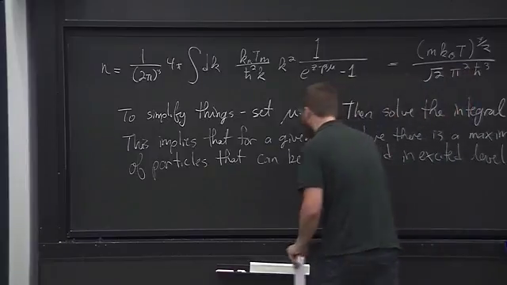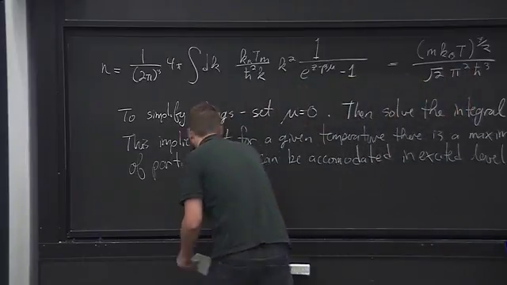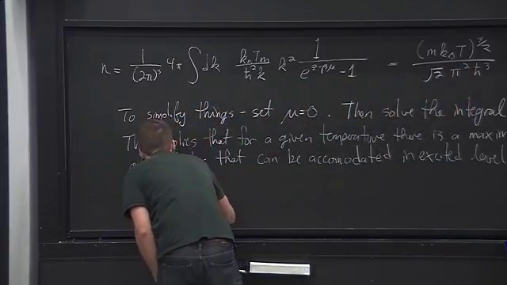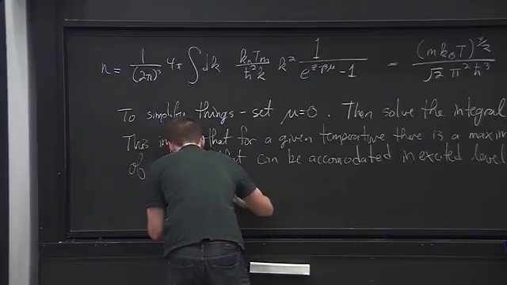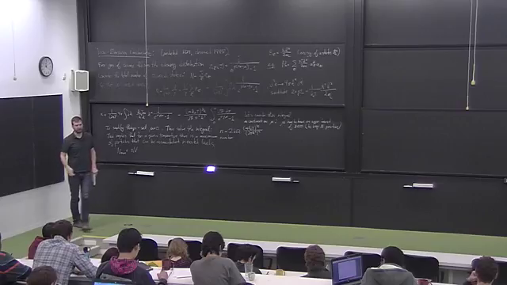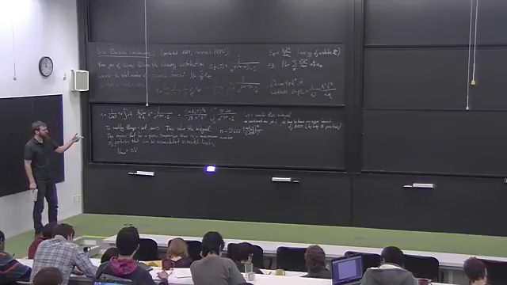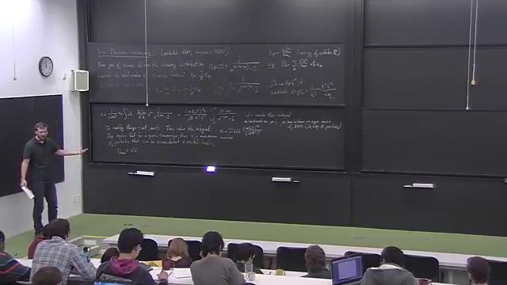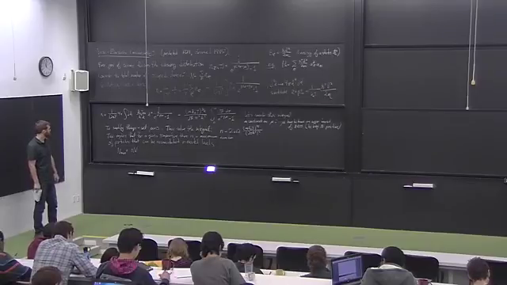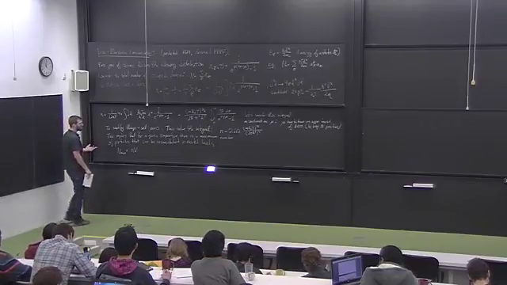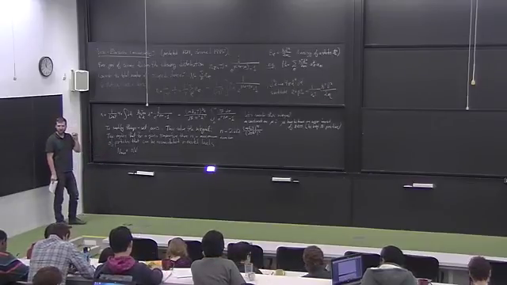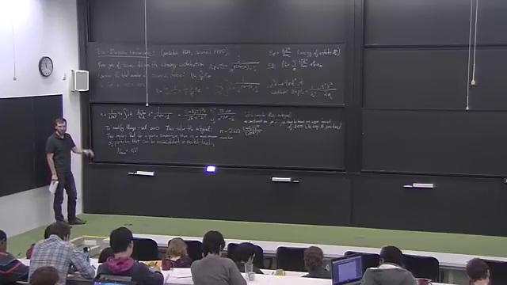And that number is just N max, call it. It's just this density times the volume. So if I give you a temperature T, whatever, Kelvins, room temperature, whatever, there's some maximum number of particles that I could squeeze into this system.